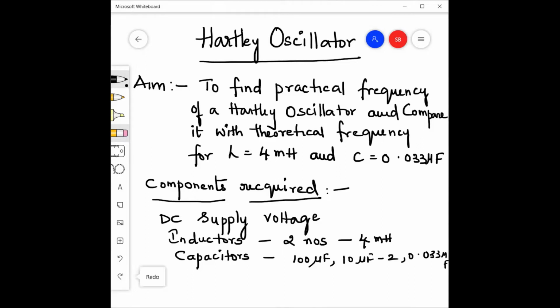Now we need resistors: 1 kilo ohm, 10 kilo ohm, 4.7 kilo ohm, and 100 kilo ohms. So these are the apparatus required for us.